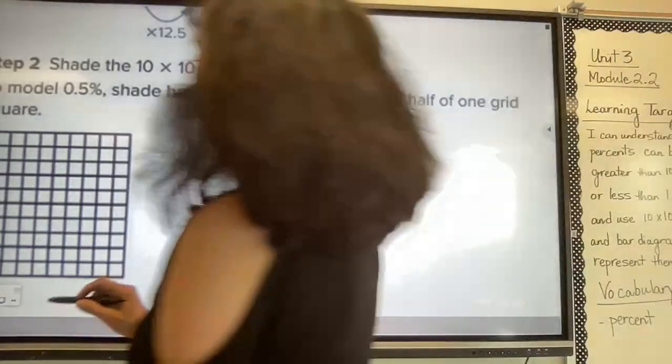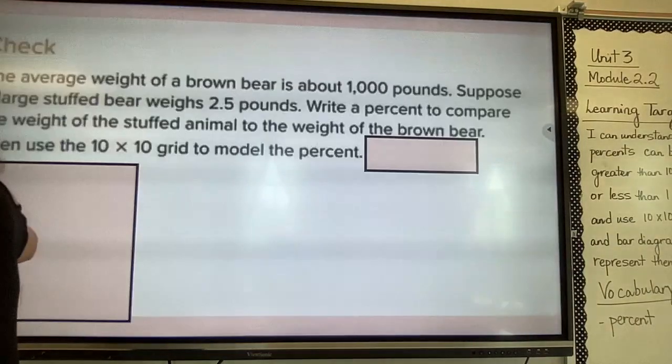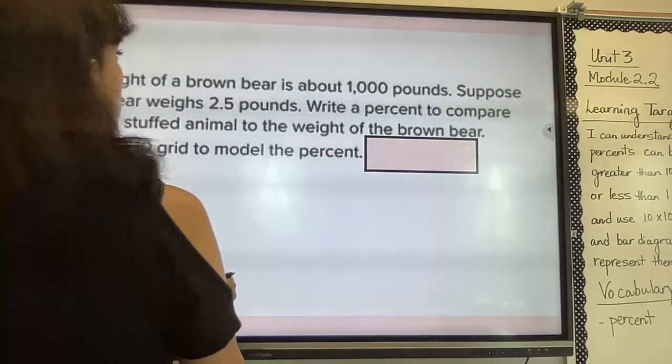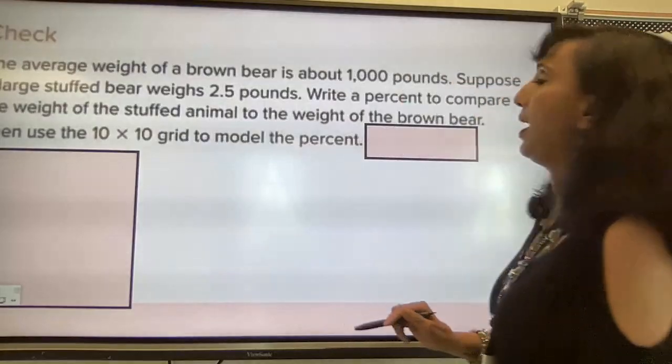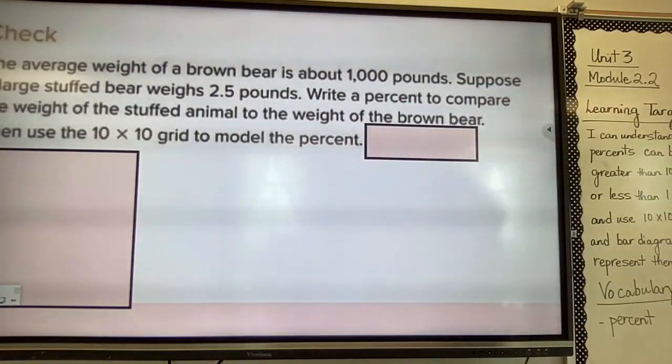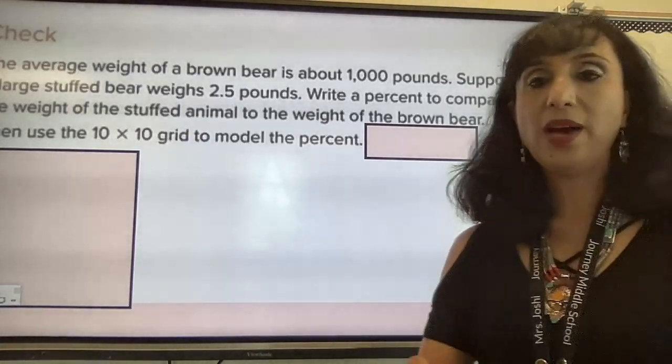Let's look at another one. The average weight of a brown bear is about 1,000 pounds. Suppose a large stuffed bear weighs 2 5/10 pounds.